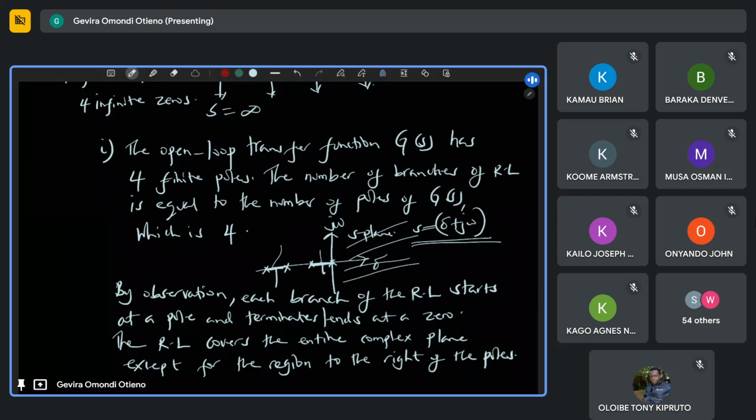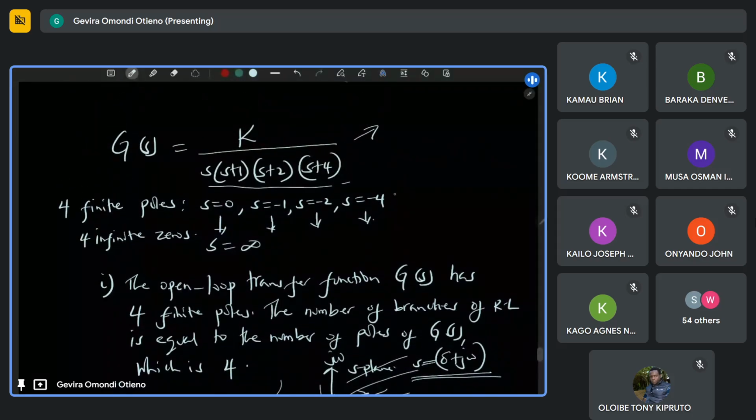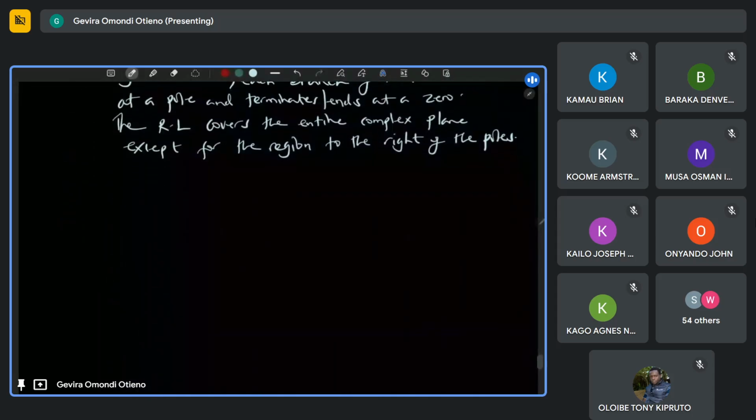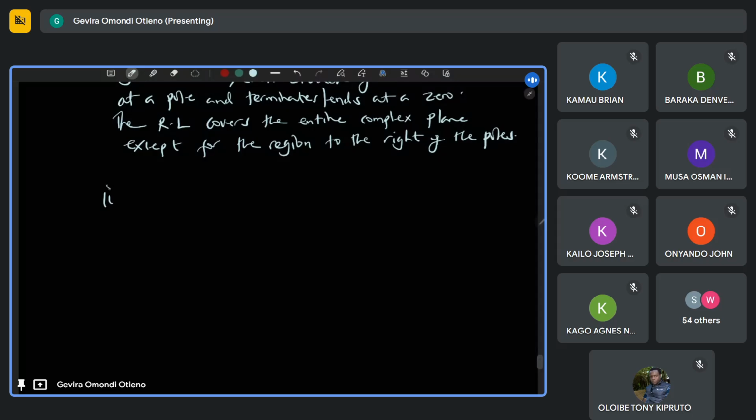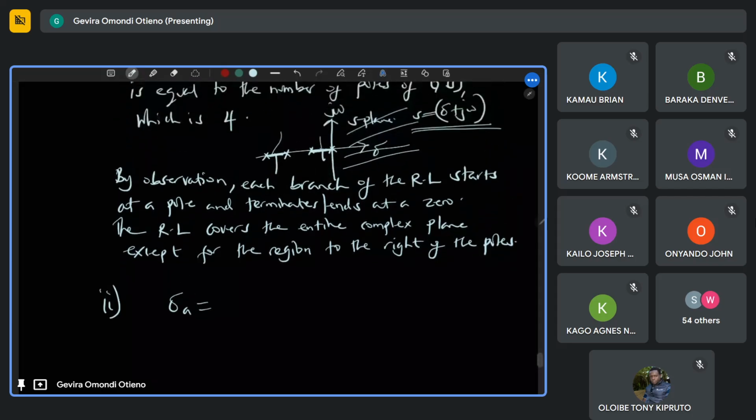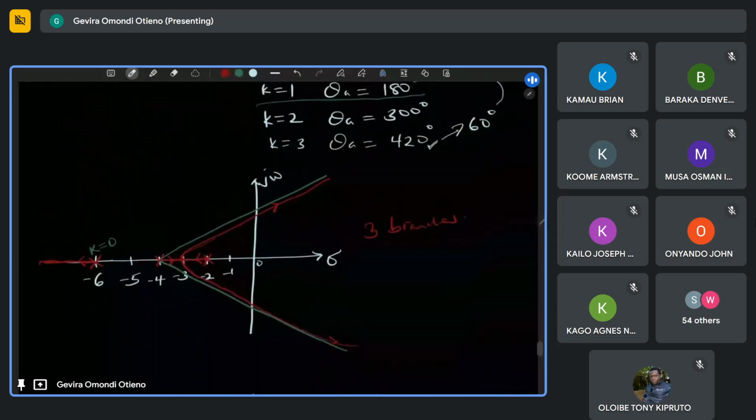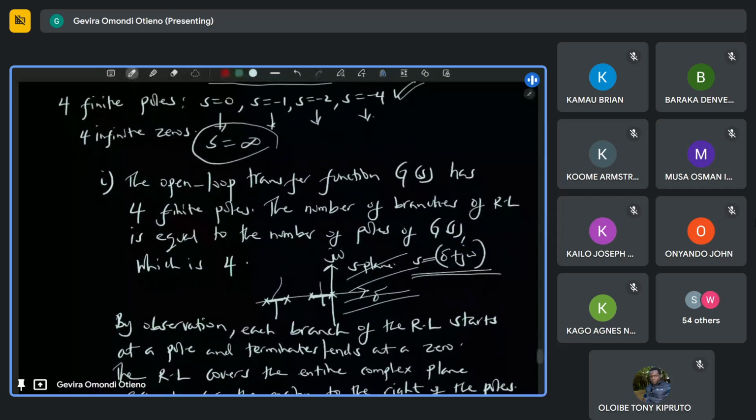But now the second part of the question requires us to plot the root locus. So now it should be very easy to do a plot of the root locus, because in our case, you've determined that you have 4 finite poles and you'll have at least 4 infinite zeros where these poles will terminate. So for part 2 of the question, you'll need to obtain the centroid. The centroid would be summing up these things.